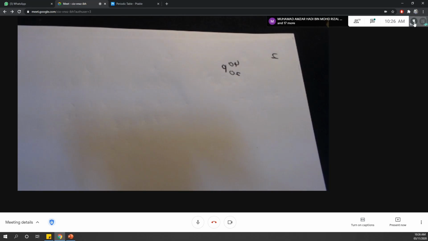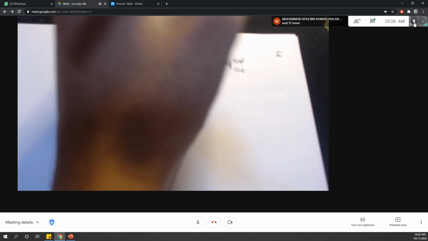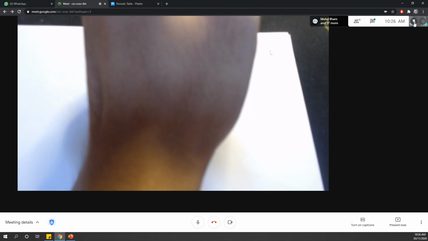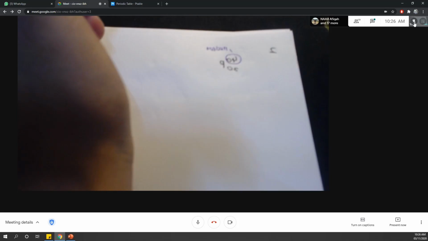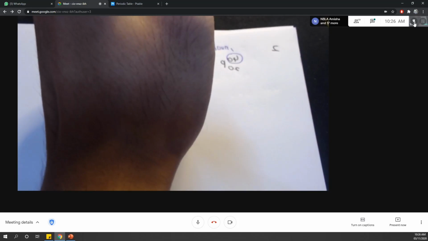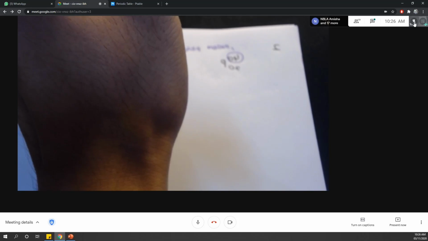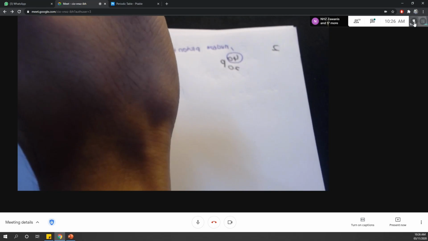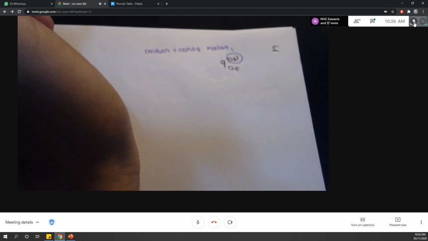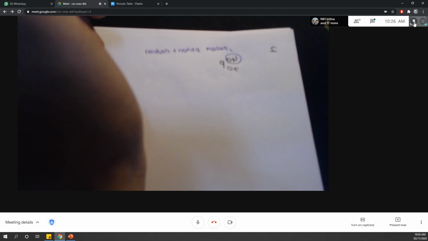Mana satu proton number? So, this number is nucleon number. Nucleon is proton tambah neutron, ataupun nama lain dia is mass.